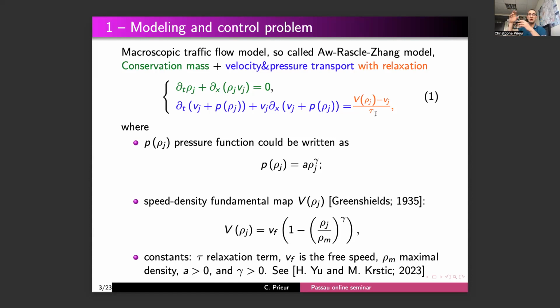So the green line is just the conservation of the number of vehicles, and here it is a transport equation with some relaxation, due to this quantity. All the other values are constant except rho_j and v_j.